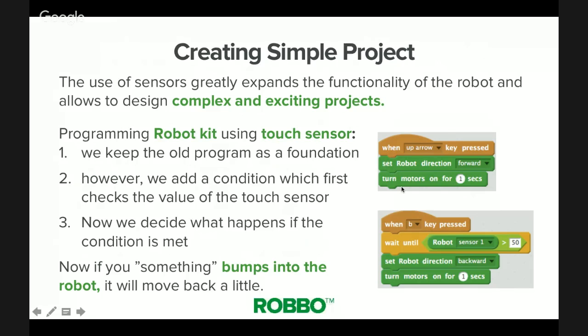Then we have the wait until block, which allows us to use different data. So we included robot sensor 1, and it means that the robot sensor in position 1 should be less than 50.